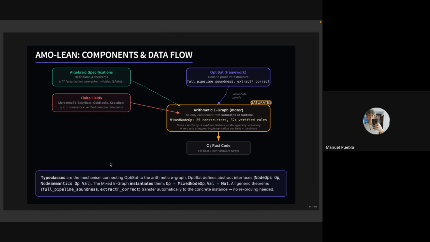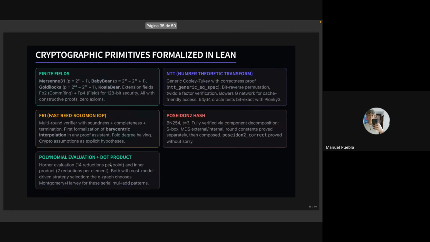We're instantiating AMO-Lean at the arithmetic level right now. All the theorems are already proved, so proofs come for free. What we have formalized and constructed is this library of things that we're interested in. Finite fields: we have Mersenne, Baby Bear, Goldilocks, Koala Bear.